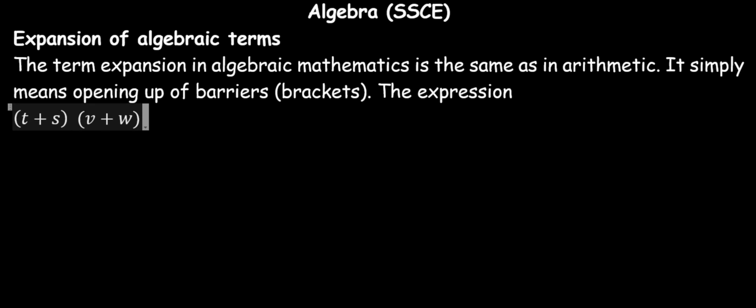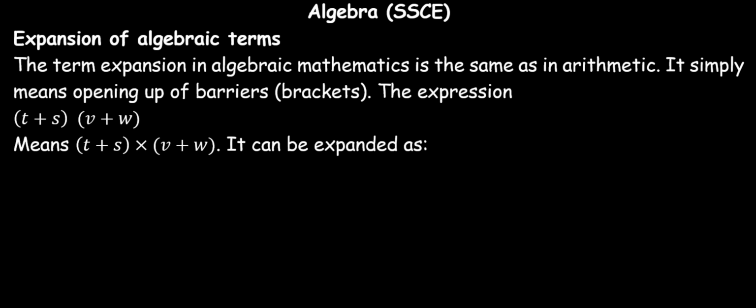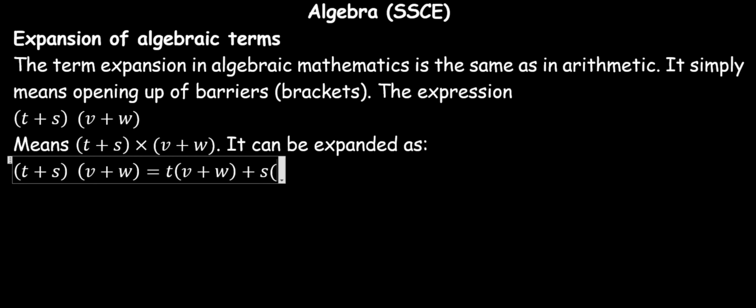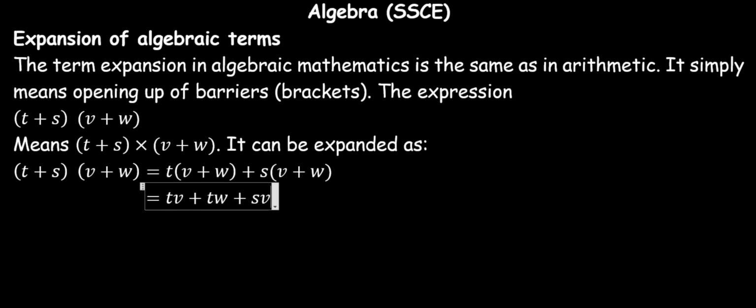It simply means (t + s) times (v + w), and it can be expanded as (t + s)(v + w) equals, we take t first and spread it over (v + w), so we take t(v + w) plus s(v + w), and the result will be tv + tw + sv + sw.